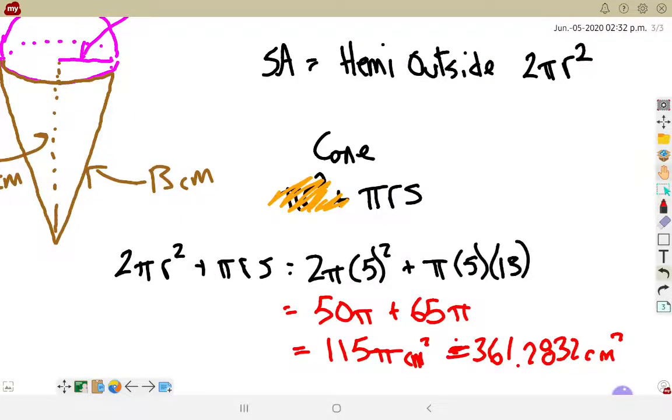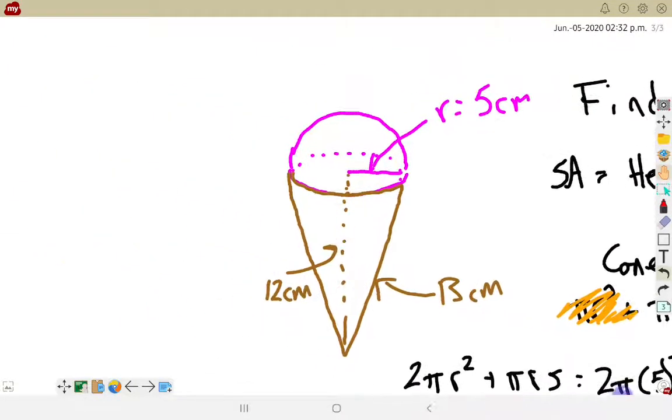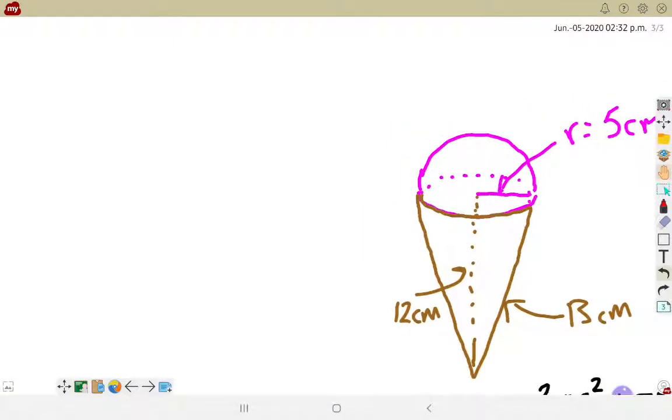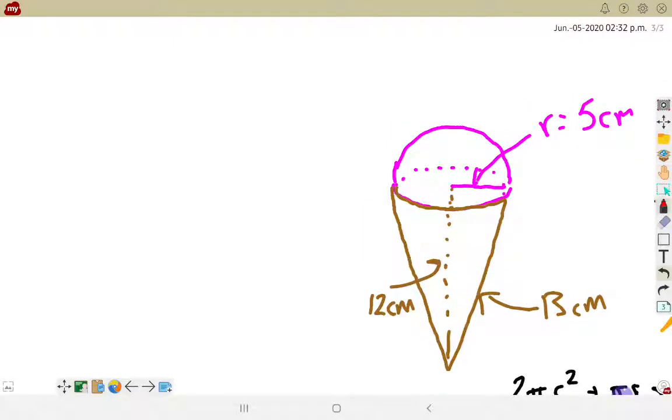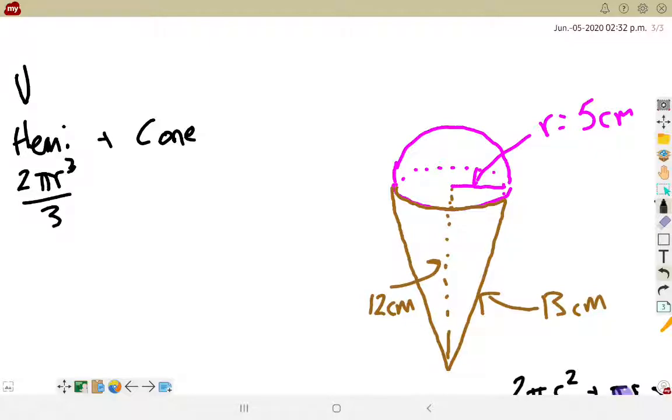That wasn't so bad. Volume's a little bit easier because I don't need to do any formula manipulation or think about what is actually here. For the volume, we've got the hemisphere volume plus the cone volume. The hemisphere we said was 2 pi r cubed over 3, and for the cone that would be pi r squared, the area of the base, times the height of the cone.